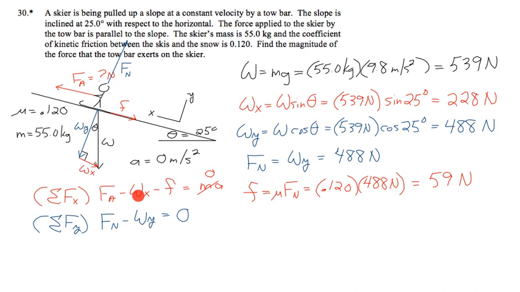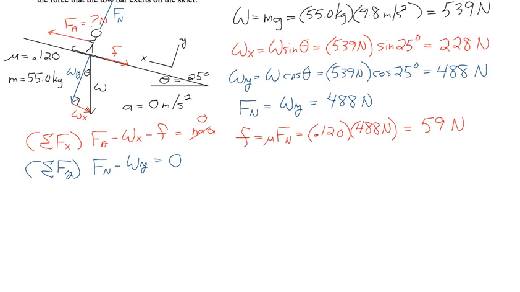Fa, because I know this and this is 0. So I can now use this to solve for the applied force. When I move these two to the other side, they're both going to be positive on the other side. So the applied force is going to be Wx plus friction.